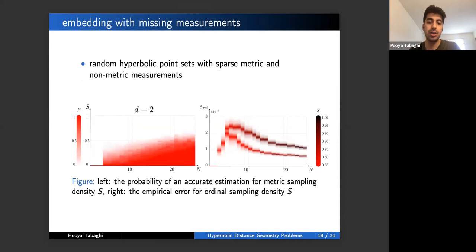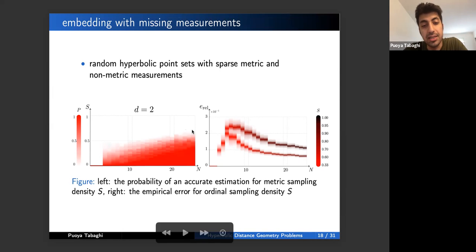Okay, so here we conduct an experiment. It's very simple. We generate random hyperbolic point sets, and we measure their distances, and we just deselect some of them, sparsify them. Now we have a distance matrix with missing measurements, and we run our semidefinite relaxation to estimate the missing measurements, and we report the maximum sparsity level that this semidefinite relaxation can take while giving us a good reconstruction.